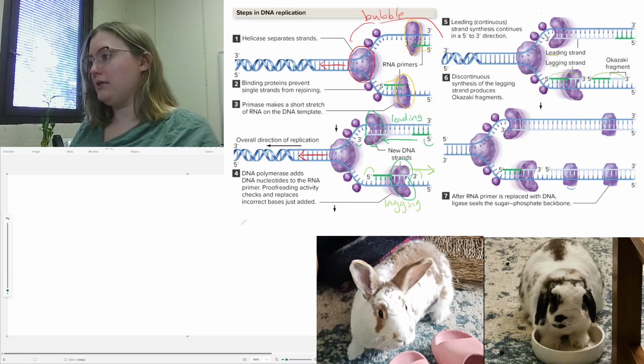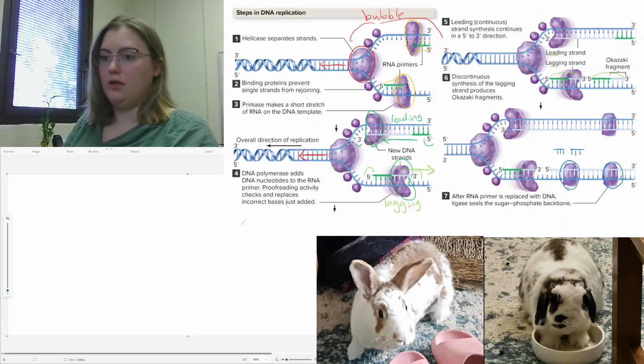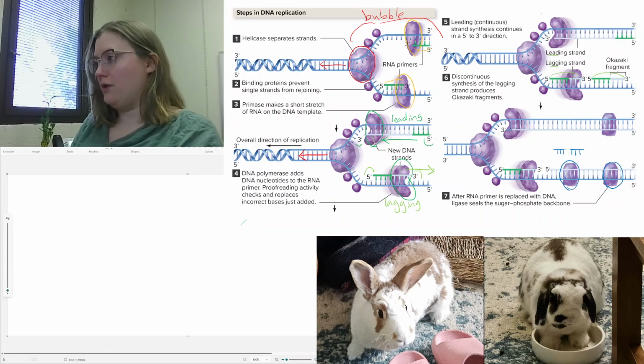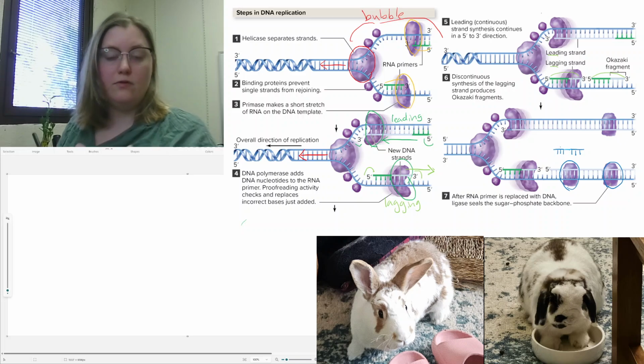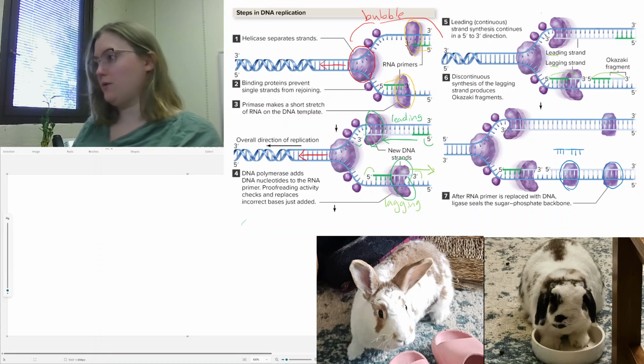Ligase is this little almost rectangular one. Ligase is going to come in here, and pretend this is our Okazaki fragments. It is going to create a bond between our Okazaki fragments so that our fragments become one continuous piece. Okay?